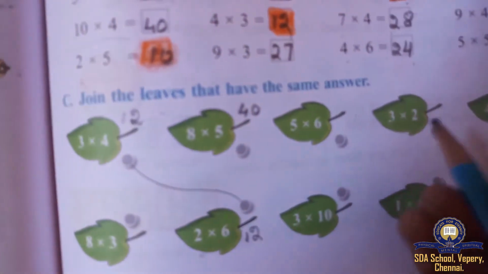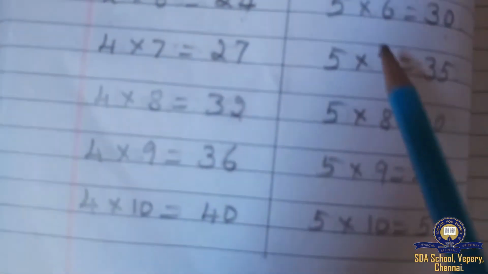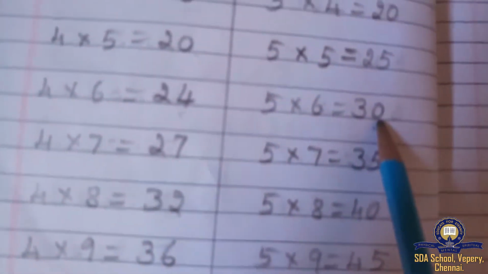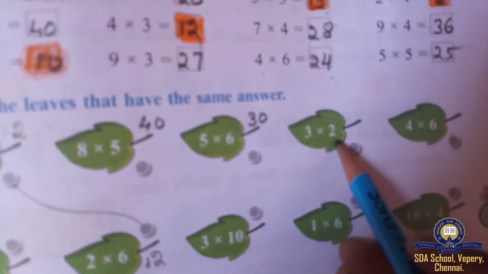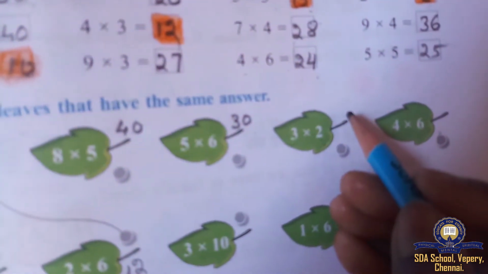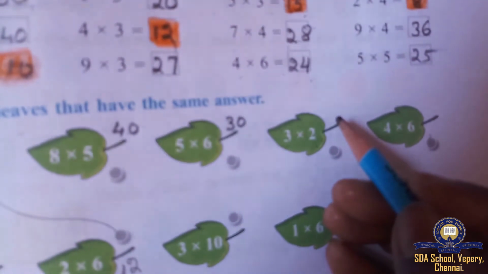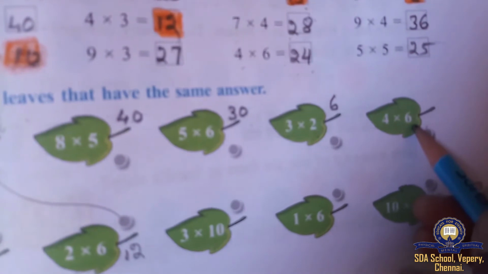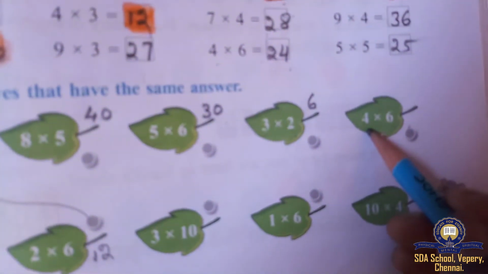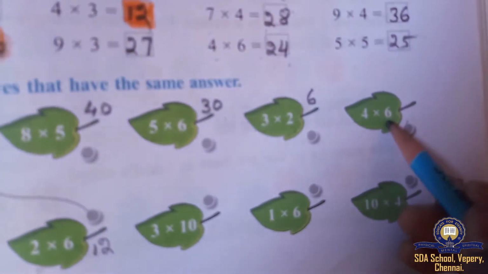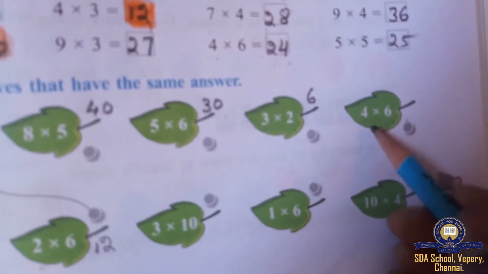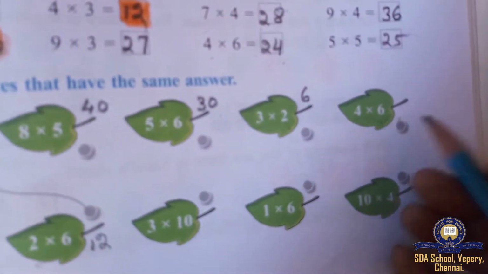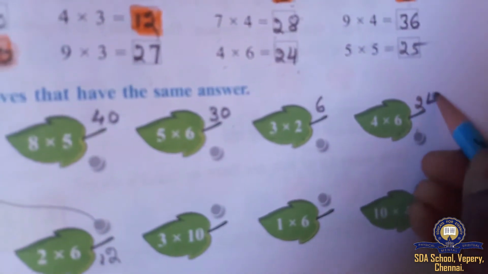Write 40 down here. 5 sixes are 30. 2 ones are 2, 2 twos are 4, 2 threes are 6, sorry. 4 sixes are, tell: 4 ones are 4, 4 twos are 8, 4 threes are 12, 4 fours are 16, 4 fives are 20, 4 sixes are 24.